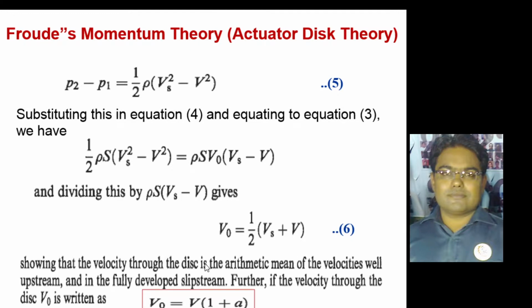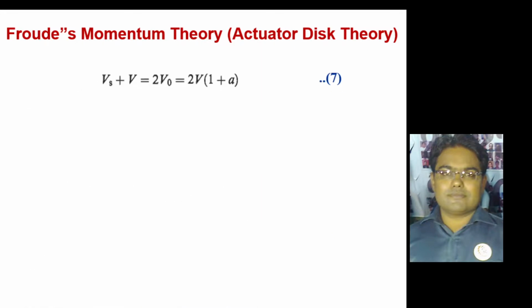So this shows that the velocity through the disk is the arithmetic mean of the velocities well upstream and in the fully developed slipstream. Further, this velocity can also be defined in some constant terms. The velocity through the disk can be written as v naught equal to free stream velocity V times (1 plus a).